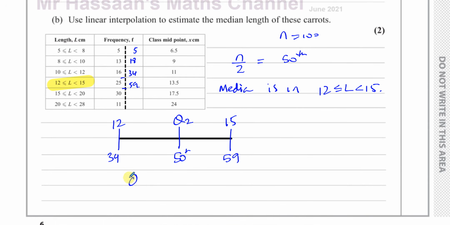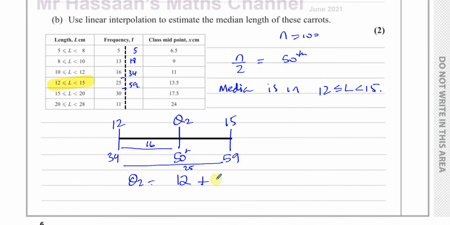We can say Q2 is equal to 12 plus, now I want to go along this a certain proportion. What proportion? This distance divided by that distance. So this is from 34 to 50, which is 16, and the width of this group is 25, as we know.